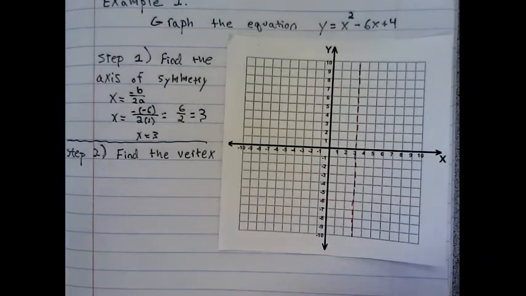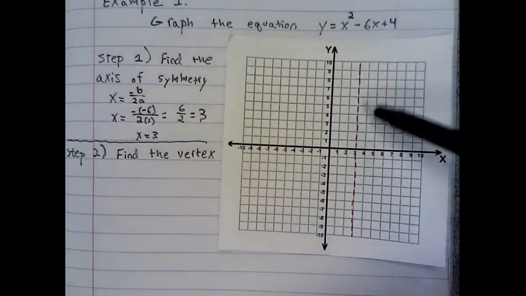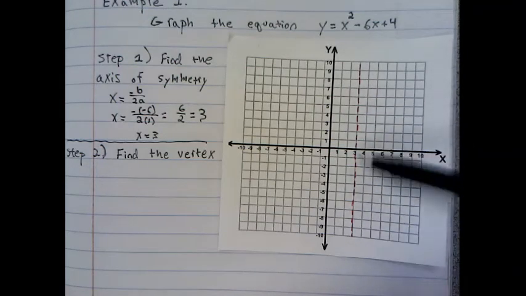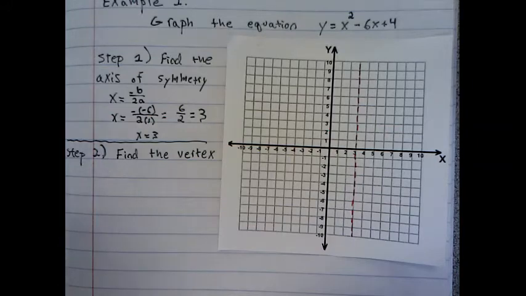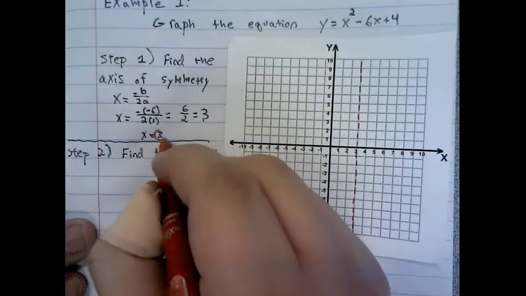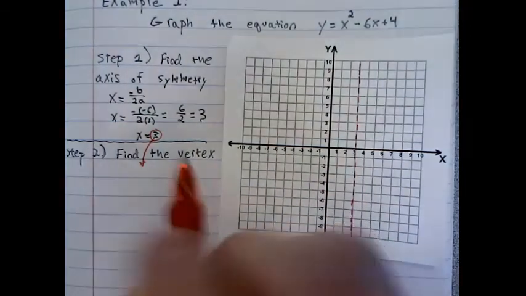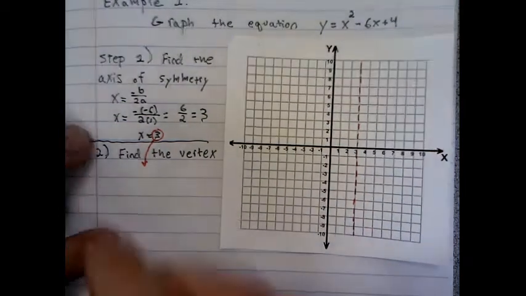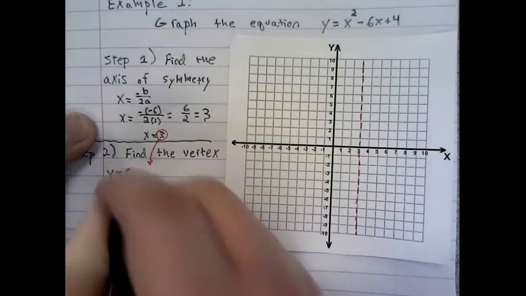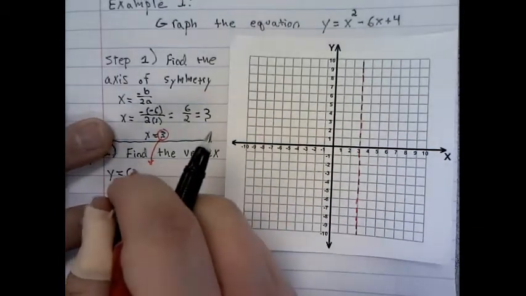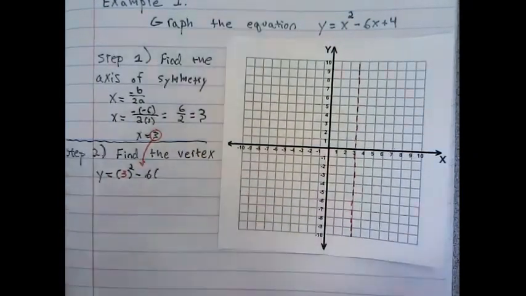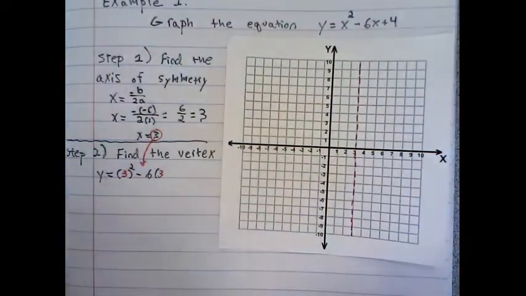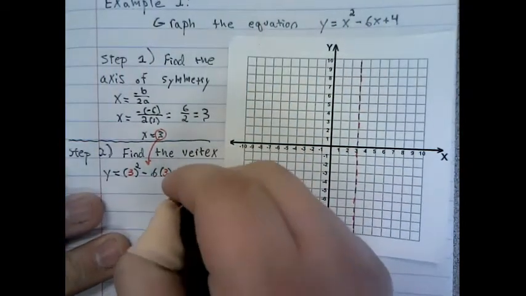My second step is to find the vertex. I know the vertex lies on this line, the axis of symmetry, and I know the value is when x is 3. So to find the vertex, I'm going to put 3 into my quadratic equation. So y equals 3 squared minus 6 times 3, and then plus 4.